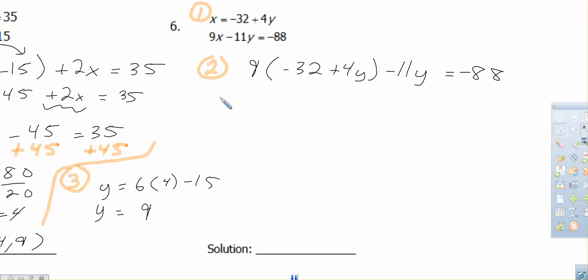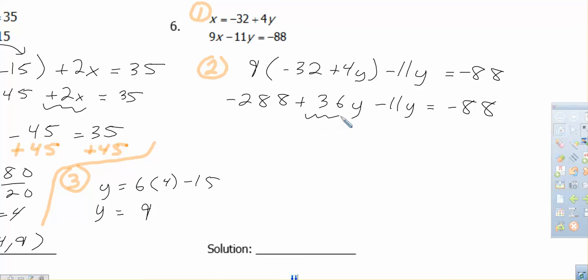Distributing, we get 9 times negative 32, which is negative 288. Negative 288 plus 36y minus 11y equals negative 88.